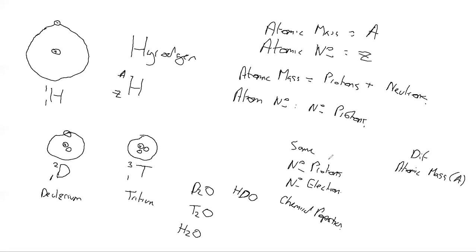And obviously, if you really want to be a purist, number of protons, we could have said atomic number. And obviously, number of neutrons is going to be different. And the physical properties will be different. They're heavier.